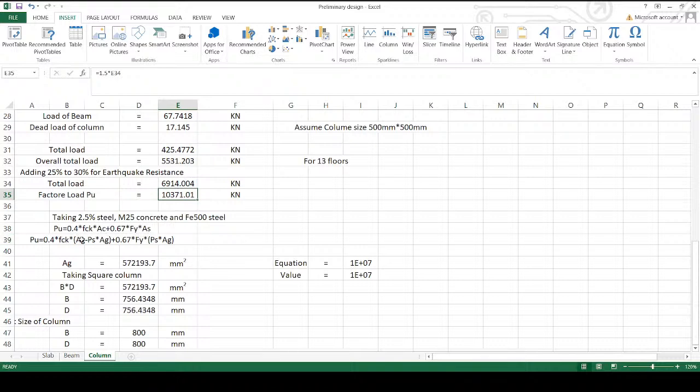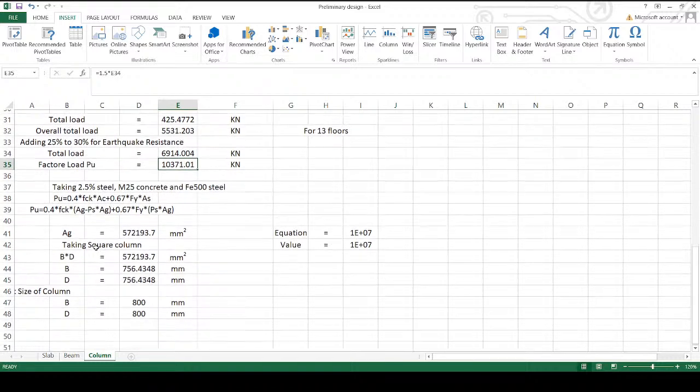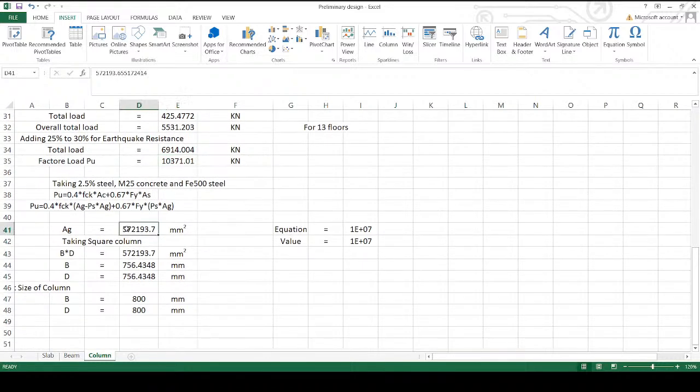Area of concrete is equal to gross area minus the steel area, that is percentage of steel into gross area. Steel area is equal to percentage of steel into gross area. Using this formula, you have calculated this Ag.